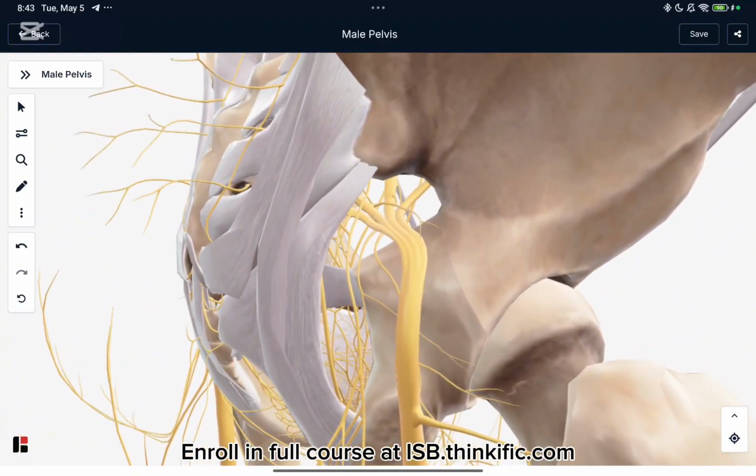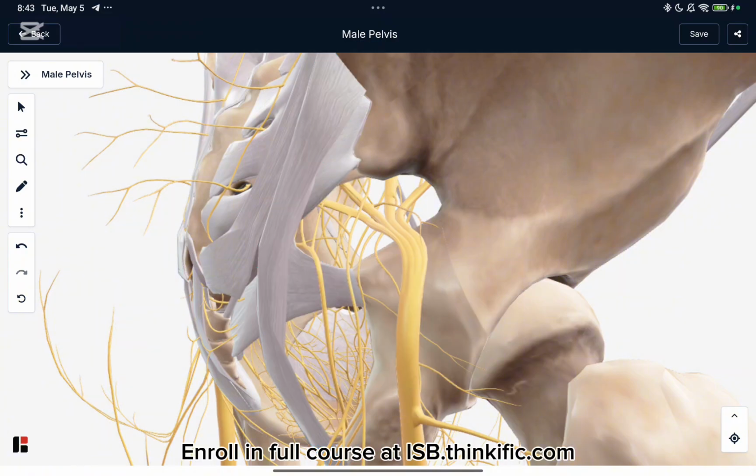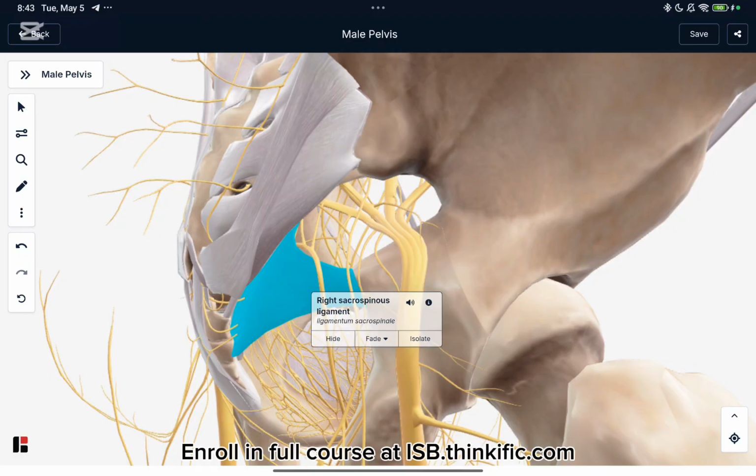This ligament, I'm gonna remove the others. I'm interested in this one. This is called sacrospinous ligament, because it comes from the front of the sacrum and attaches to the spine of the ischium. So we call it sacrospinous ligament.